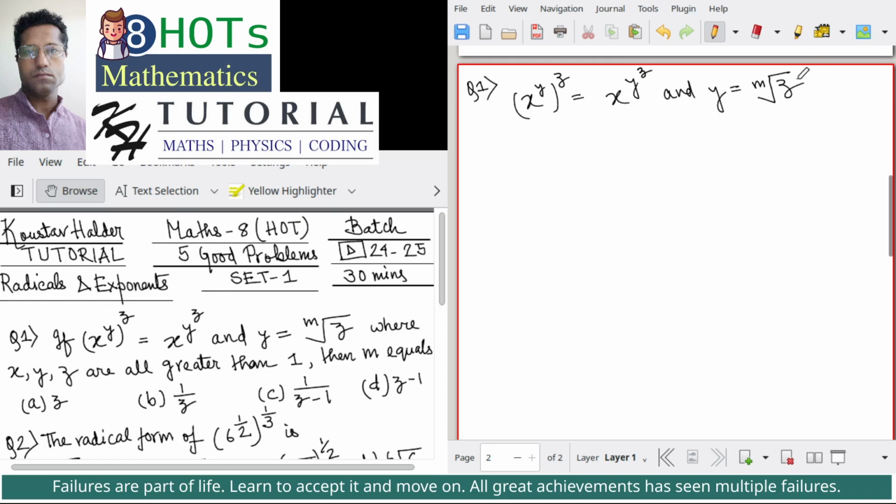Then m equals, we have to find m. The choices are all in terms of z. So we have to basically find m in terms of z.